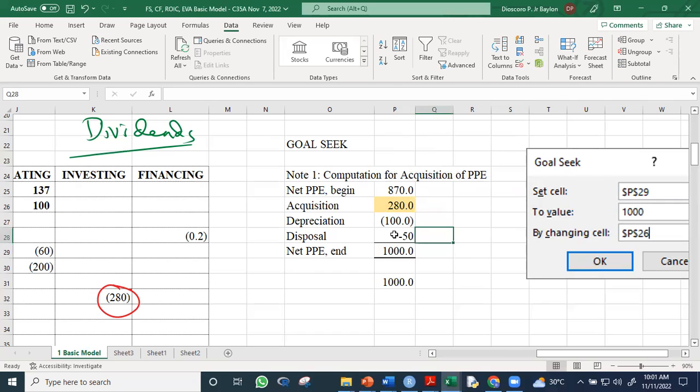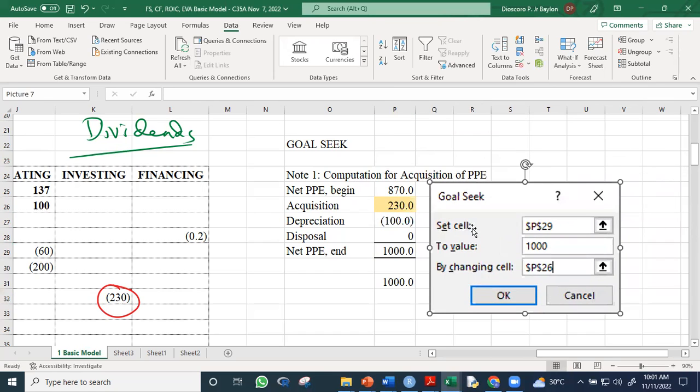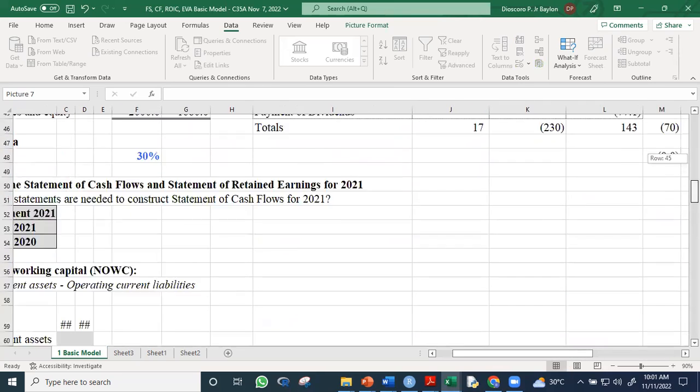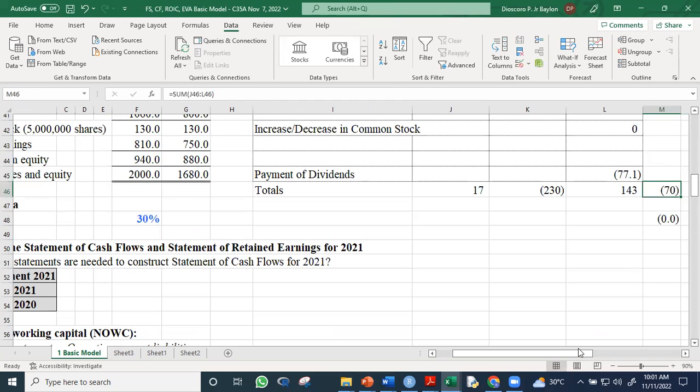But I just illustrated that, so let me go back to that. So this is 230. This is the goal sheet that we did, and with that we now have the correct balance.